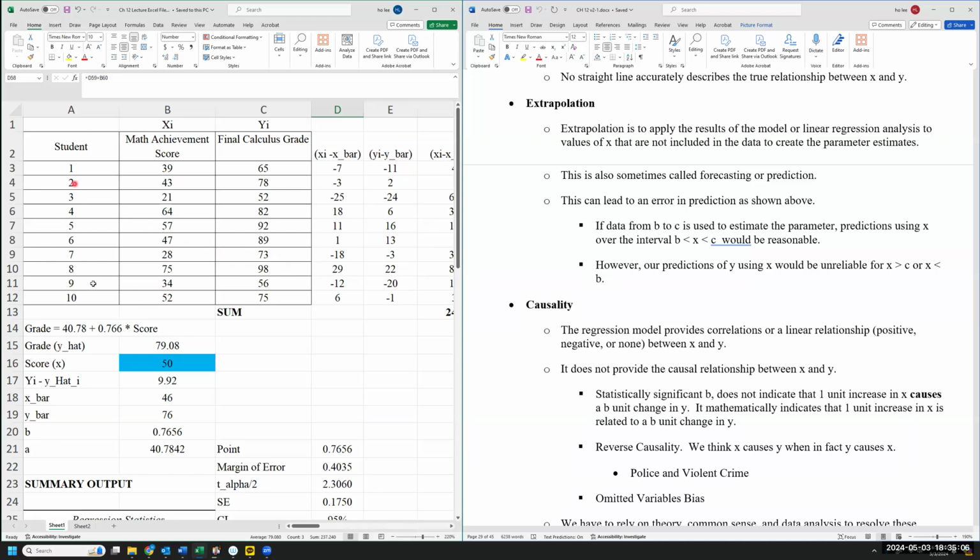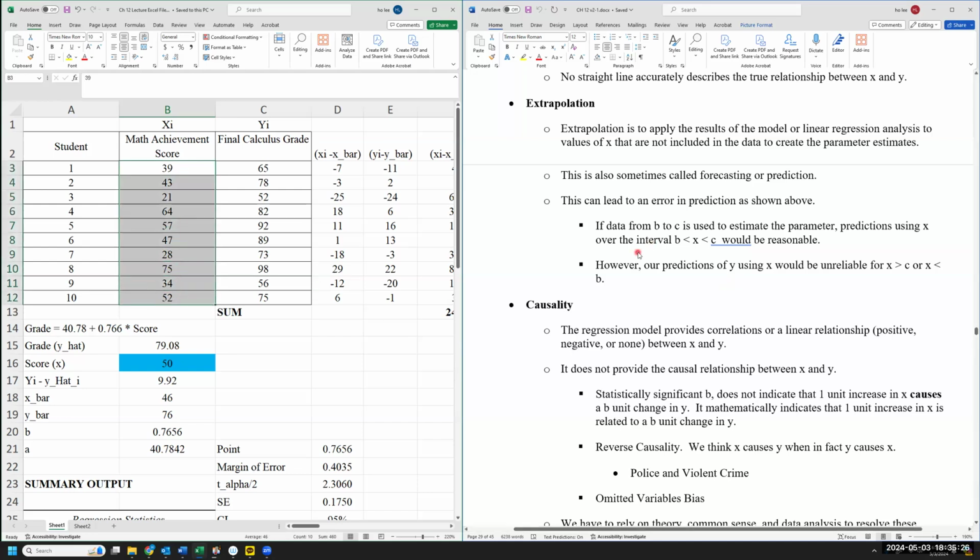We have students 1 through 10, and these are the scores. And it looks like math achievement score goes from 21 all the way to, oh, no, 75.